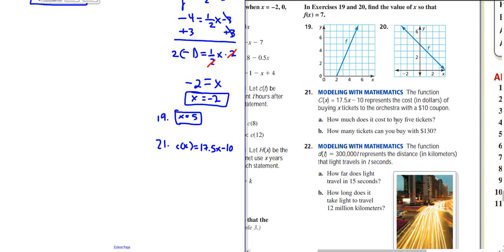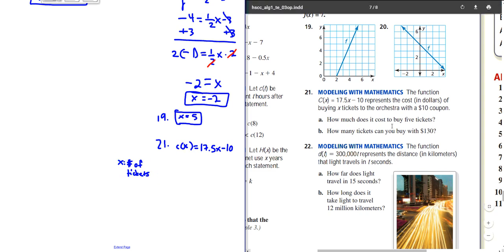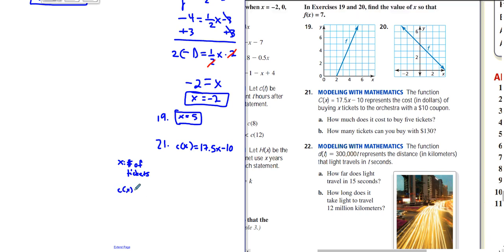I highly recommend doing this yourself. So what I mean is defining your variable. So X is the number of tickets, and then it says the function C of X represents the cost. So C of X is defined as the cost. All right, and it's in dollars of buying X tickets to the orchestra with a $10 coupon, so that's why you're subtracting off the 10 there.